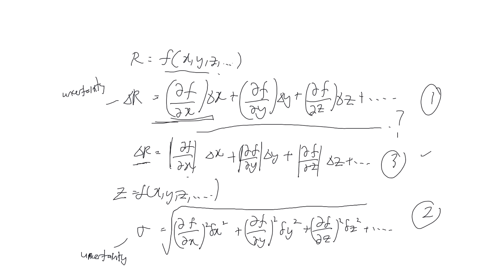Now how can we mathematically derive number one? So there are a few ways. First is using Taylor's theorem. I'm not going to show you the Taylor's theorem here.